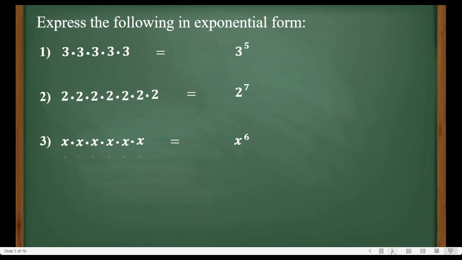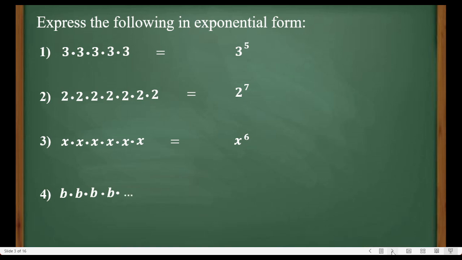Okay? So generally speaking, if we have this last item, say b multiplied by itself several times, so b times b times b times b, then there are some more series of b's here.